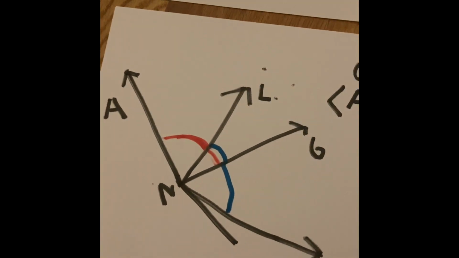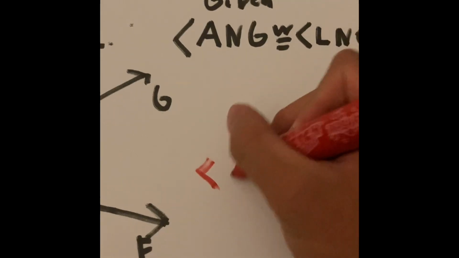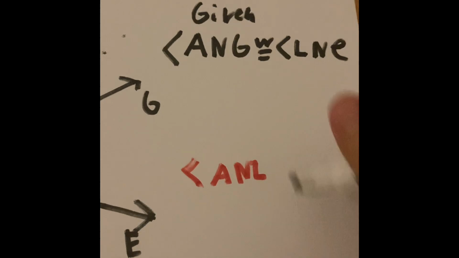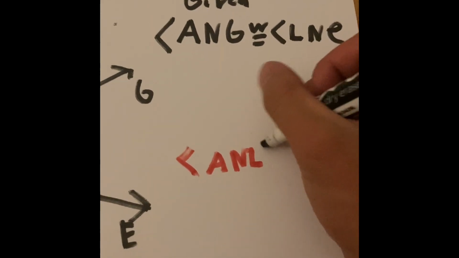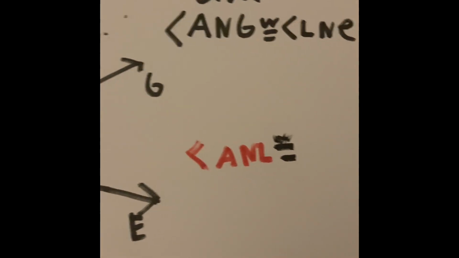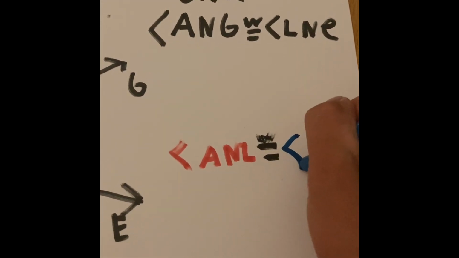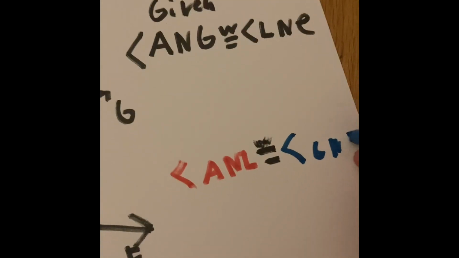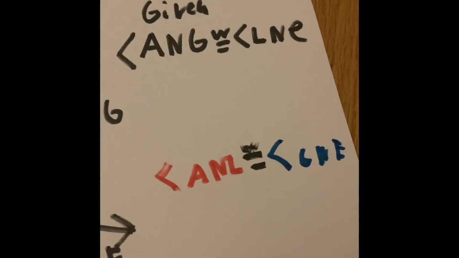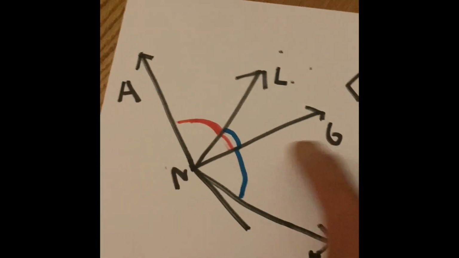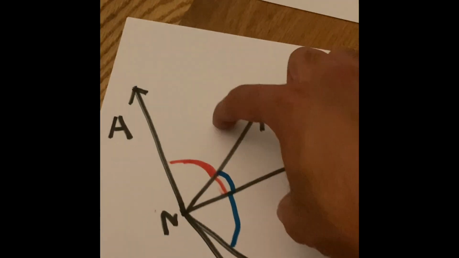here's our conclusion: angle ANL is going to be congruent with angle GE, because these two are congruent.